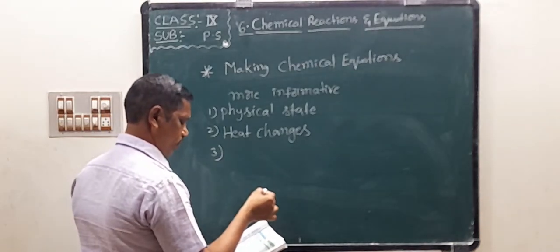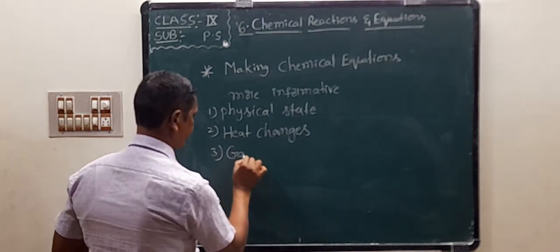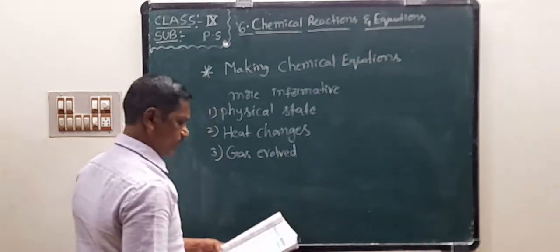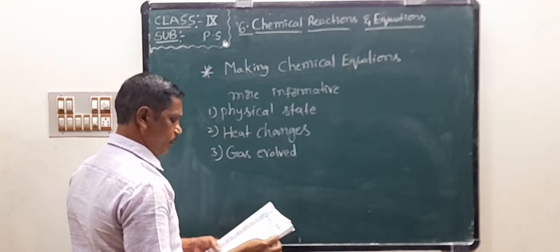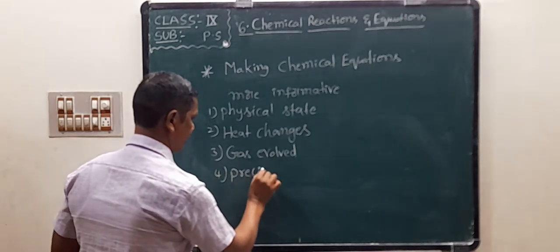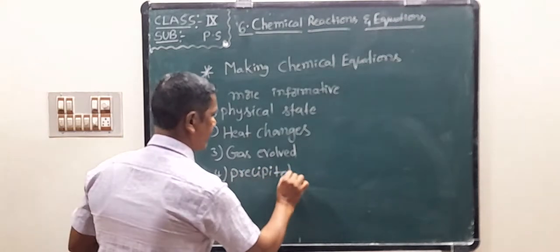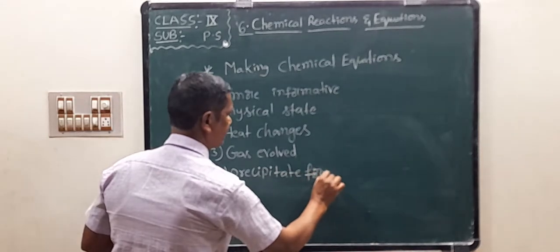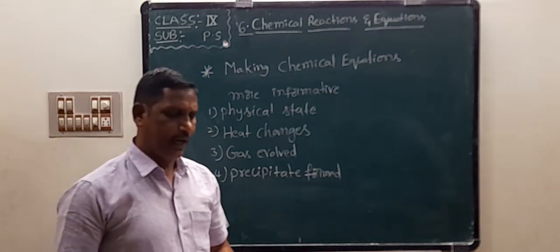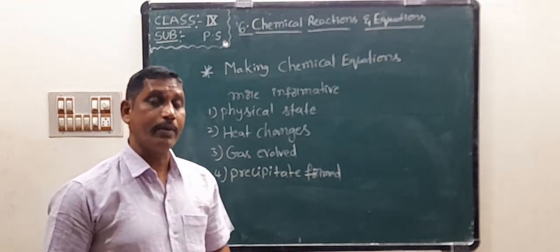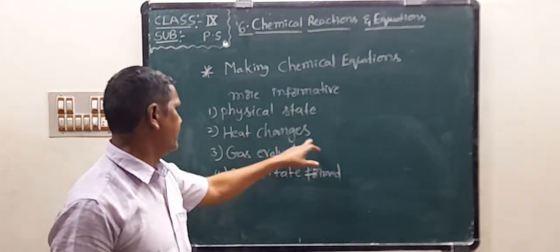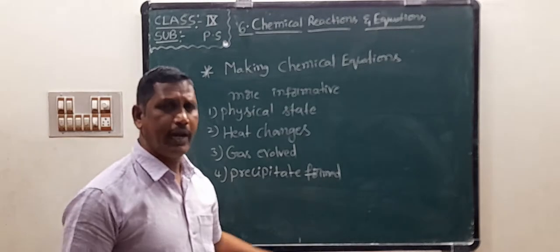Third one, gas evolved. Fourth one, precipitate formed. These are the characteristics that make chemical equations more informative: physical state, heat changes, gas evolved, and precipitate formed.